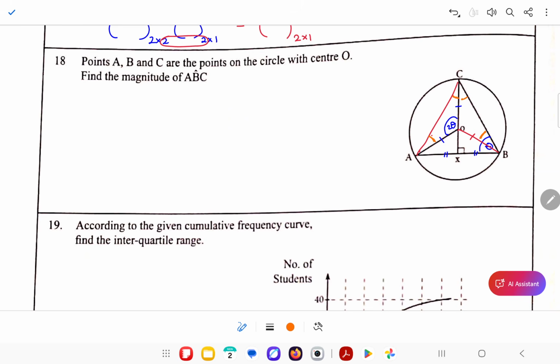So this is 90 minus theta, that means this has to be 2 theta, no? Right, 90 minus theta.